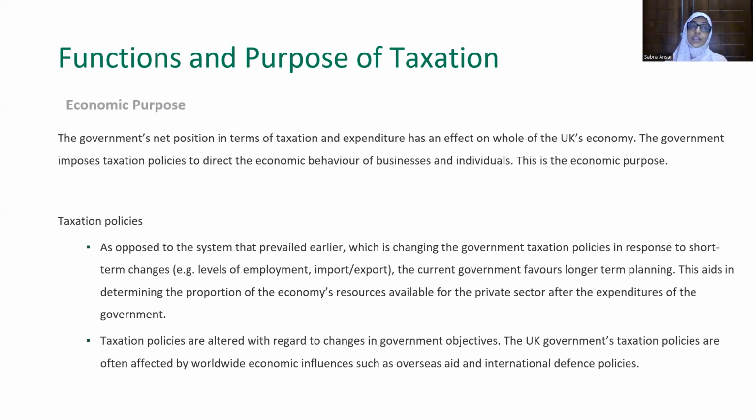Basically, the government's net position in terms of taxation or even expenditure will have an effect on the whole UK's economy, right? So the government imposes taxation policies to direct the economic behavior of the businesses. And this is the economic purpose.